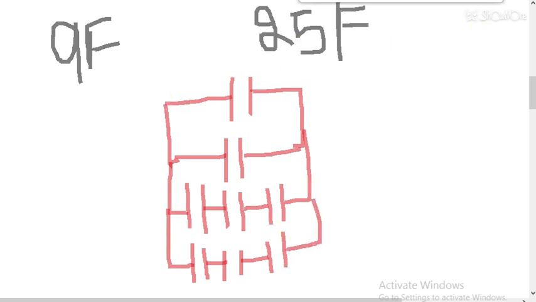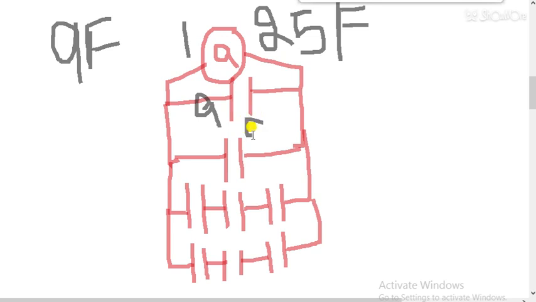So one value I have to get, so I will connect 9 capacitors of 9 farad here, so that I will get one value from this one. So students, to get the 1 farad from here, 9 9 I am getting here, 9 I am getting here, and 3 capacitors of 9 farad are giving me 3 here and 3 here.